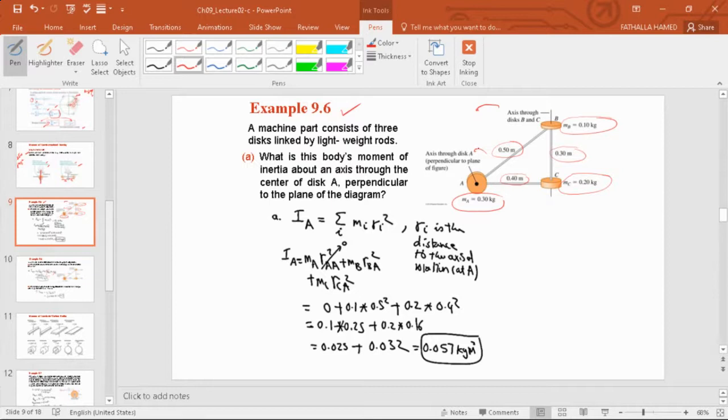Now, when you rotate, you have to look at the moment of inertia. They told you to ignore these lightweight rods, so we're not to consider them. But now you have to look at what the axis of your rotation is.